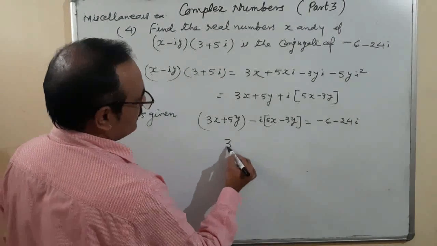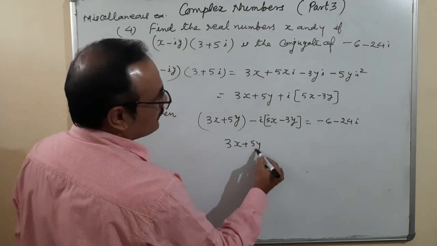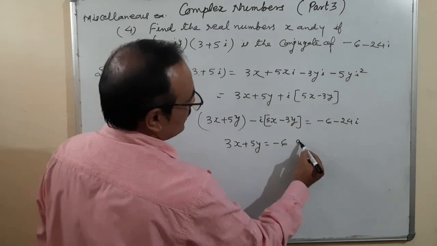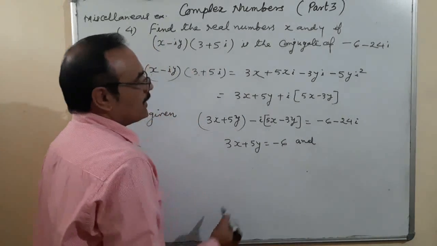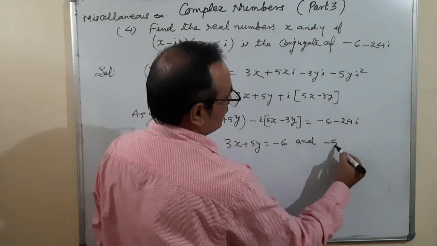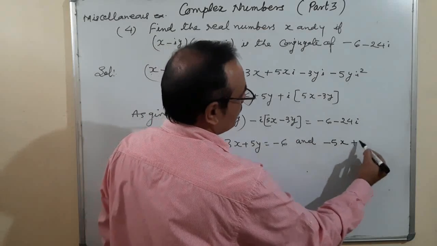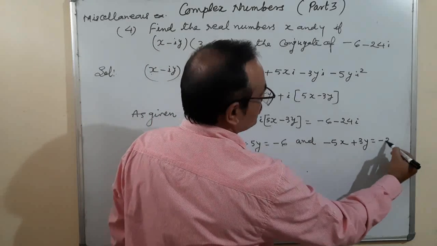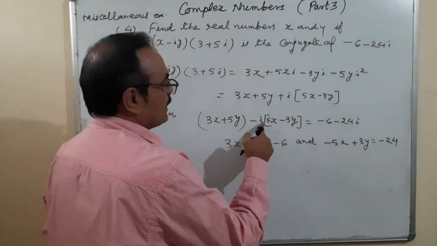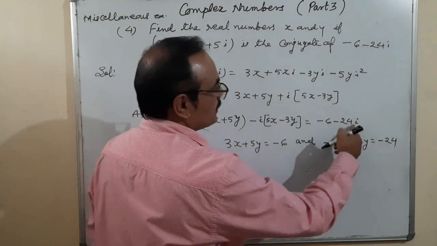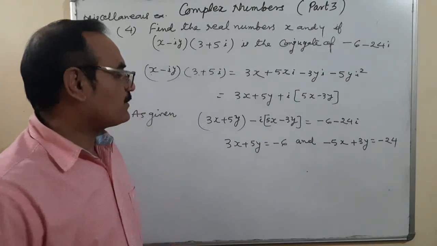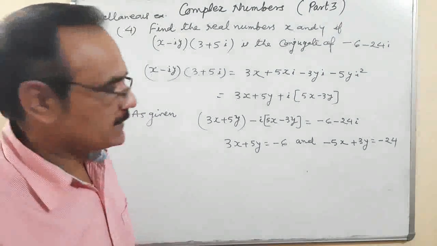The real part: 3x plus 5y is equal to minus 6, and the imaginary part: minus 5x plus 3y is equal to minus 24. With the help of these two equations, we are finding the values of x and y.